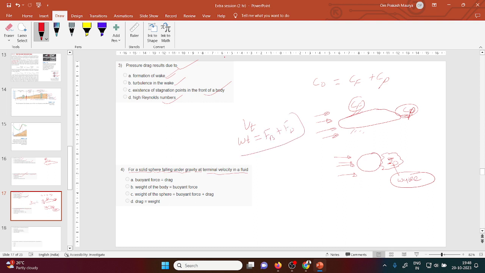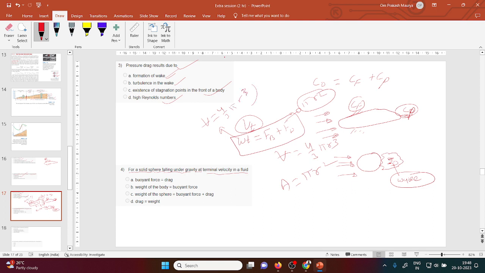The volume is 4 by 3 pi r cube, and the area we take is pi r square. In the drag coefficient we use the area pi r square, and in the weight we use the volume part, that is 4 by 3 pi r cube.